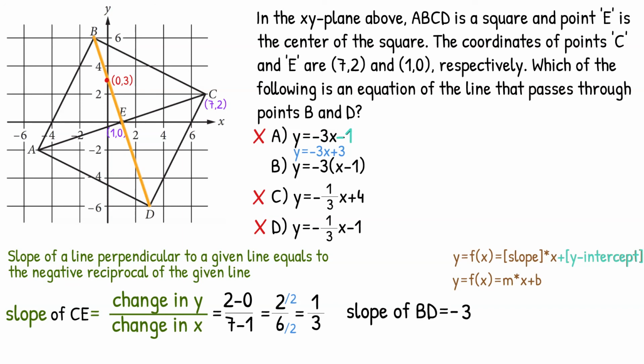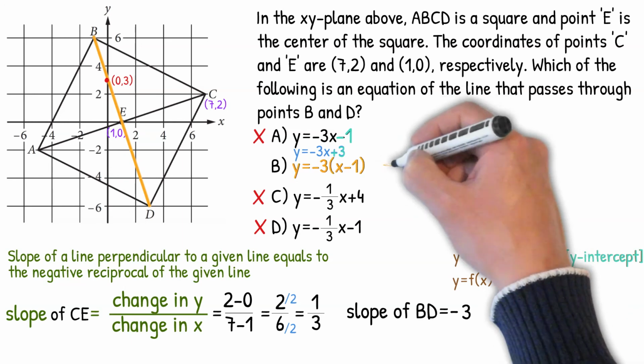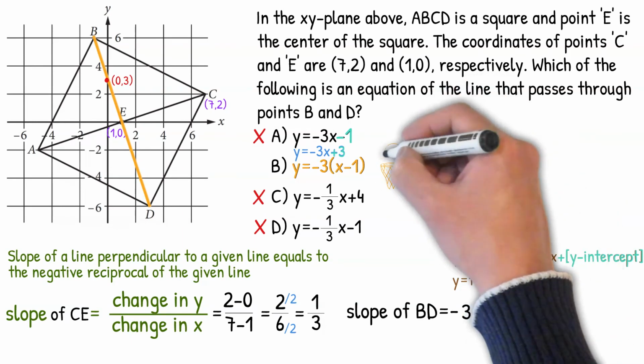Such a look would tell us that +3 is the point at which the y-axis is intersected by the line. And that is exactly what we just saw. So our correct choice would be answer choice B.